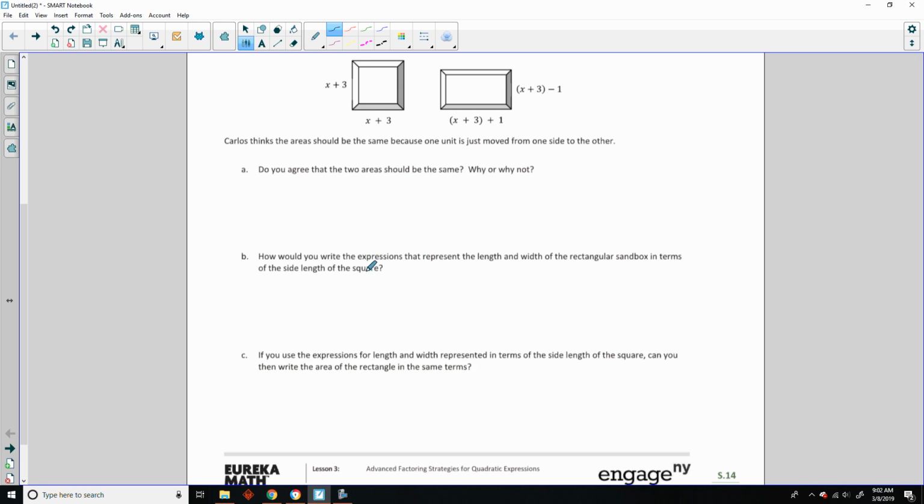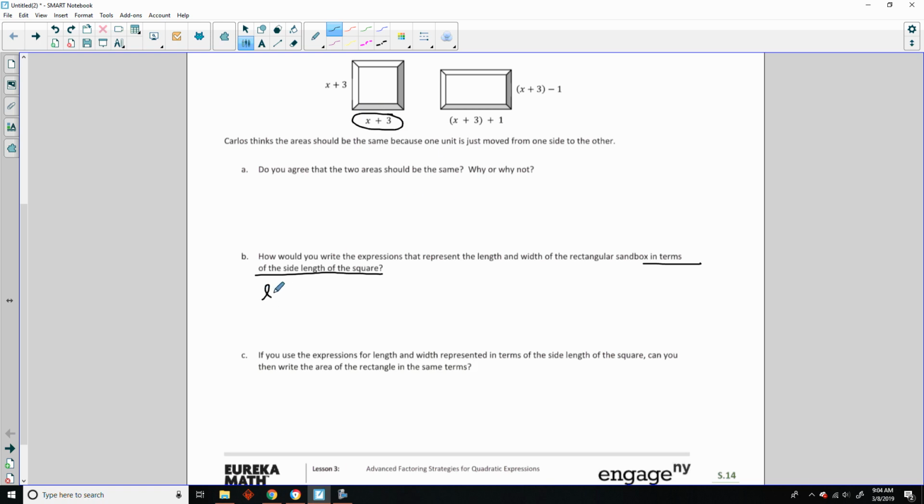All right, so how would I write the expressions that represent the length and width of a rectangular sandbox in terms of the side length of the square? This is the side length of the square.